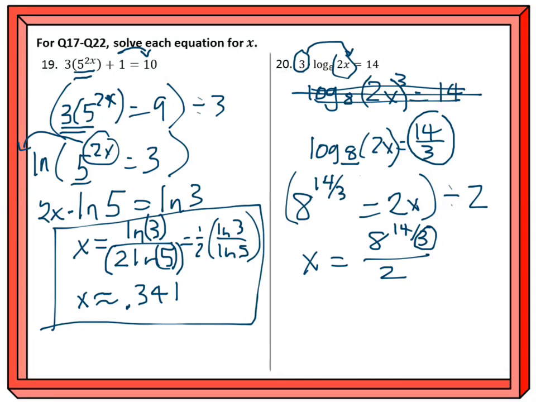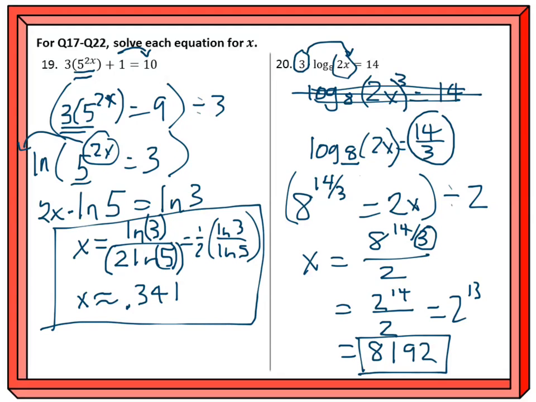The cube root of 8 is 2. So this is 2 to the 14th divided by 2. And if I have like bases, I can subtract that. That's 2 to the 13th power. And 2 to the 13th power, here, let me do some quick math in my head. That's 8,192, I think. Let's go with it. There we go. That one's done.